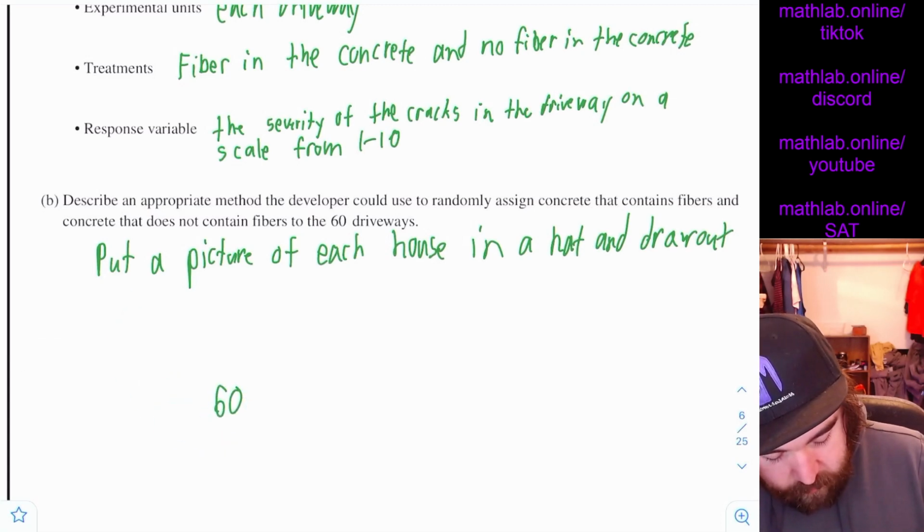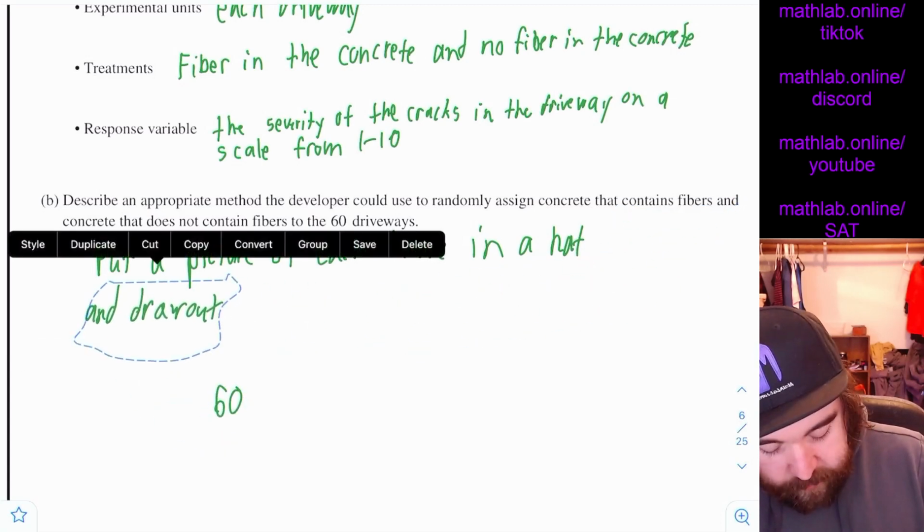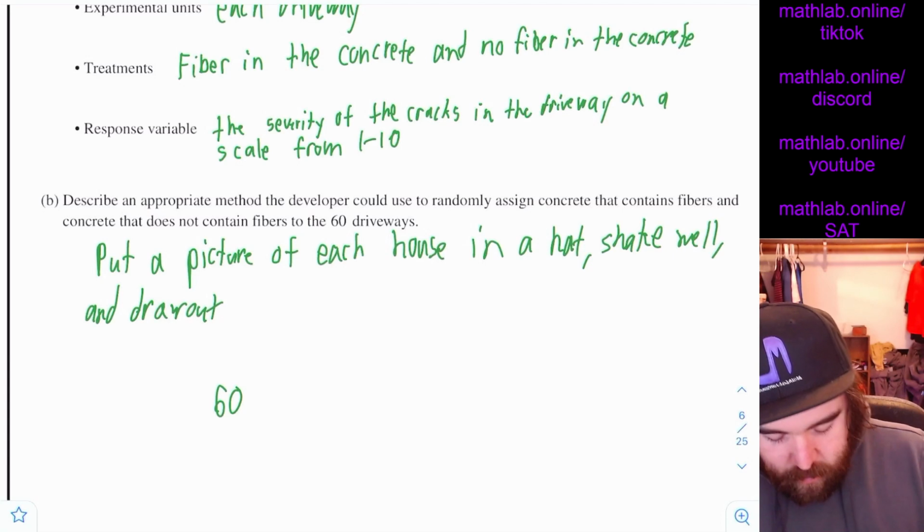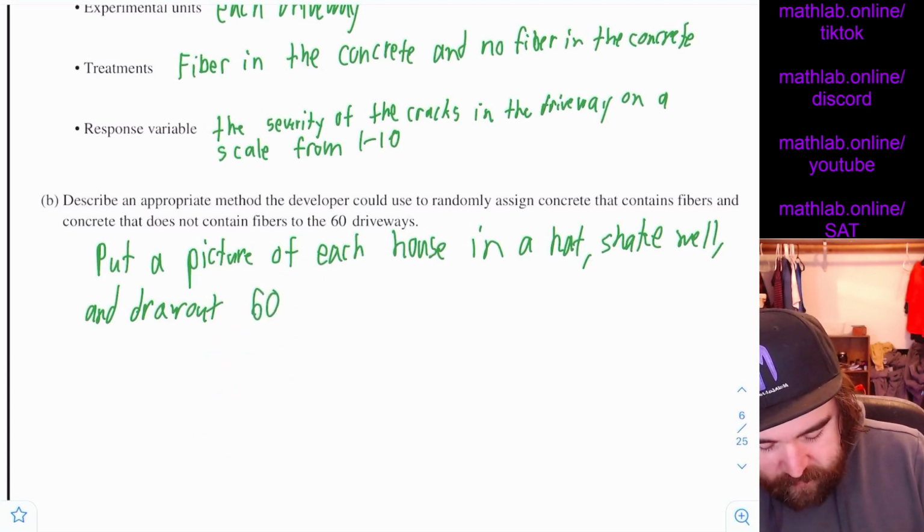Let's throw in a little more just for some pizzazz. Shake well and draw out 60.